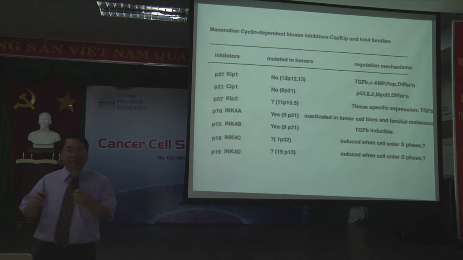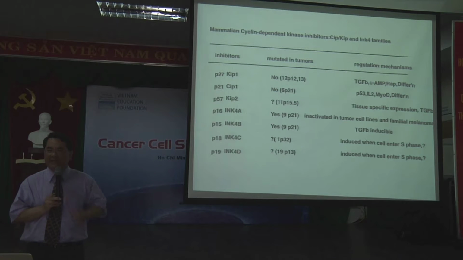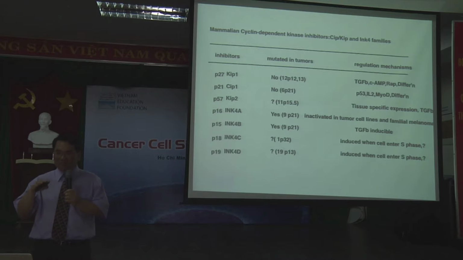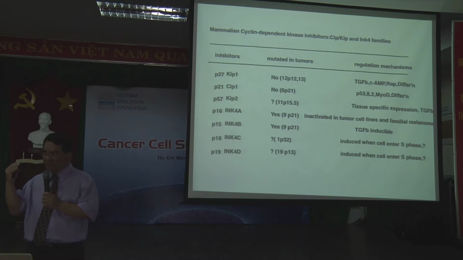So you could imagine that these CDKIs, the CKIs, are important brakes. And we think they are potentially tumor suppressor genes, because the brake is always carefully controlled to make sure the cancer cell will not go on without the brake. So these brakes are potentially so-called tumor suppressor genes.